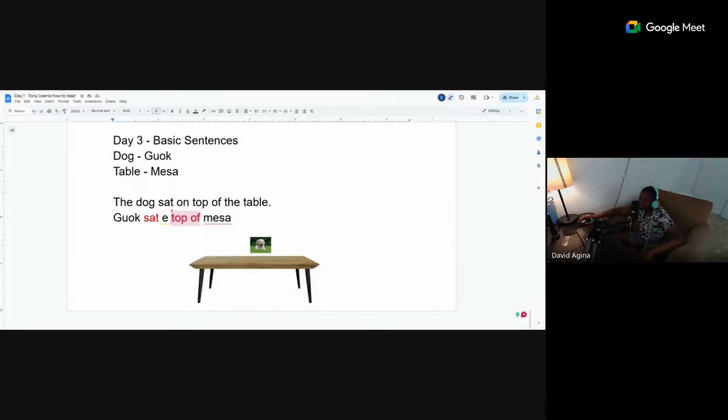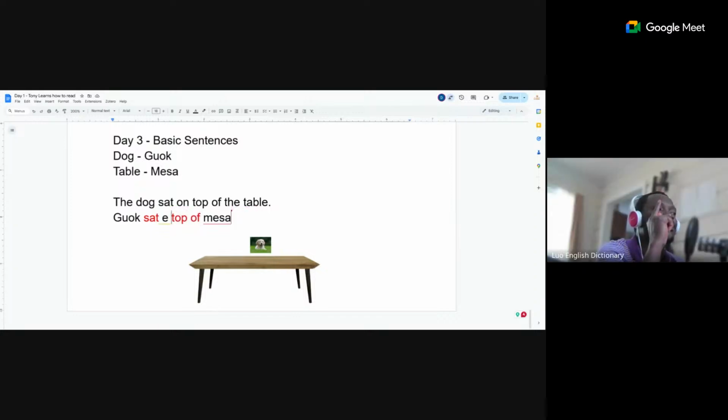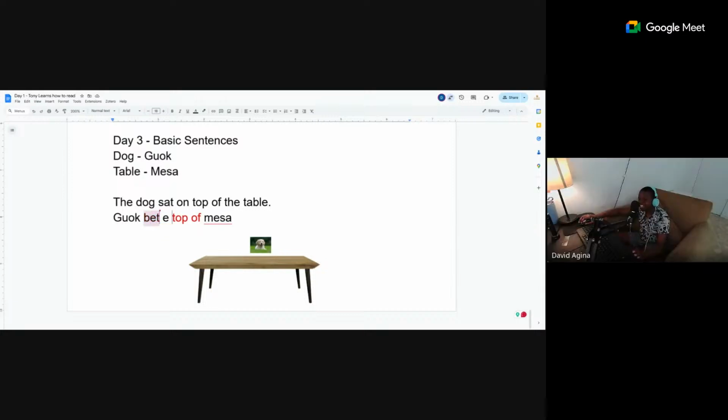So we just need to get "sat". Sat rhymes with bait, right? So sit is bet, sat is bet. So can you change it to bet, B-E-T? I know it says bet, but it is pronounced bait.